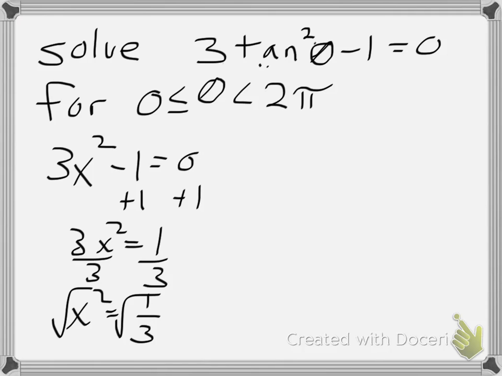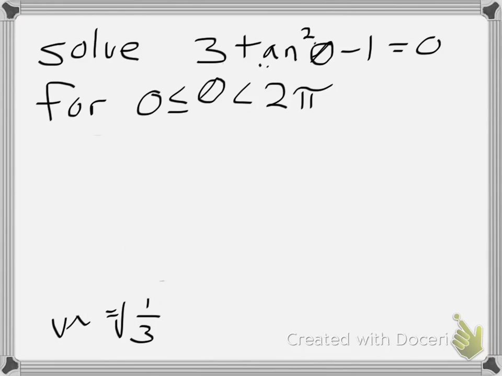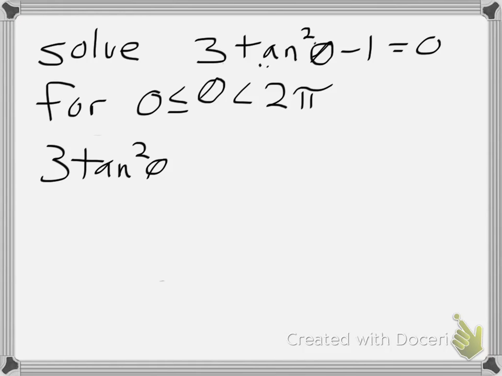I'll do the same thing now with my tangent squared, and I'll treat tangent just like a variable. So 3 tangent squared of theta minus 1 equals 0. I'll do the same thing. I will add 1 to both sides.